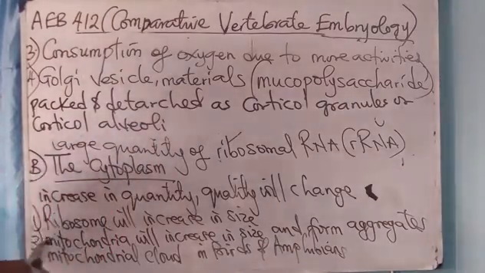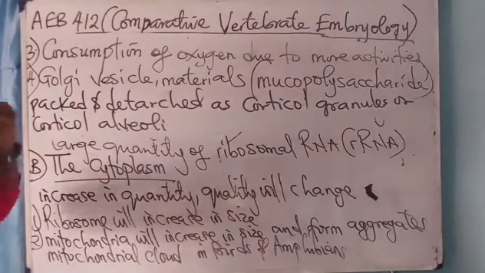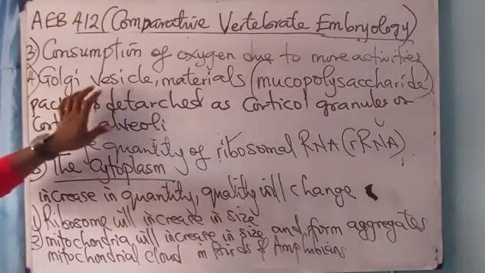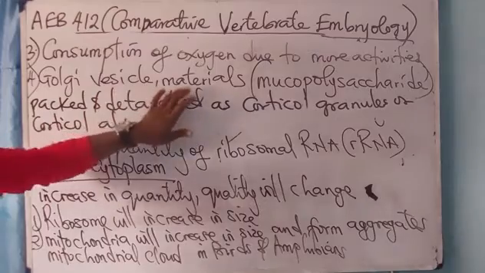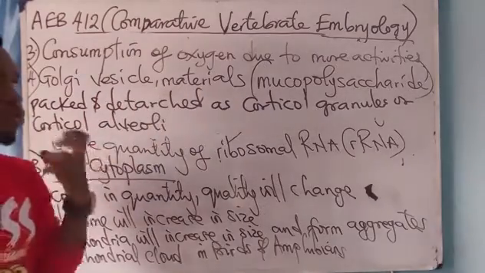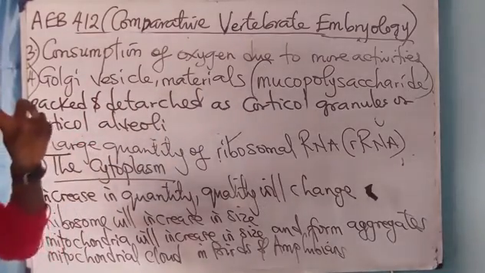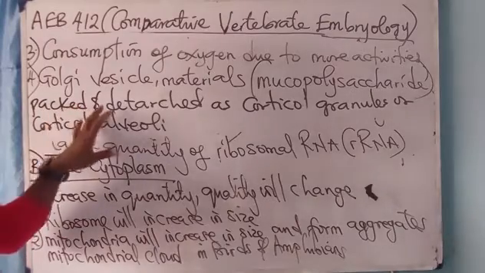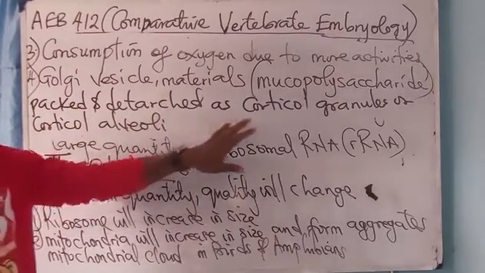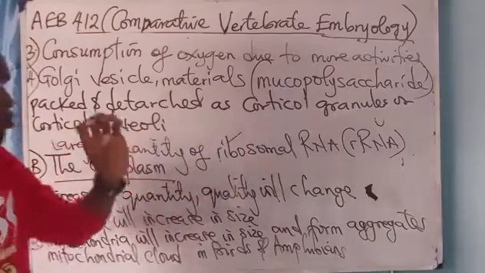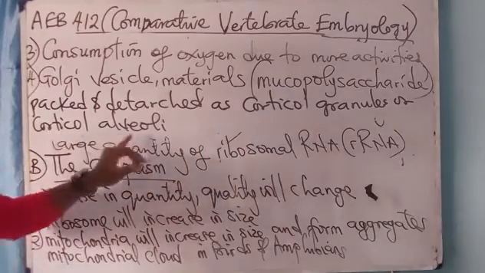Please take note of these steps. Within the Golgi vesicles, you have materials made up of mucopolysaccharide. Now, this mucopolysaccharide will get packed and detached as cortical granules or cortical alveoli.